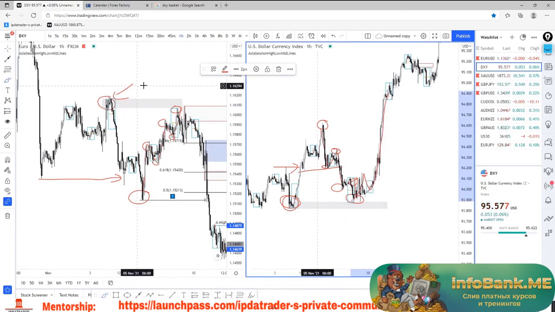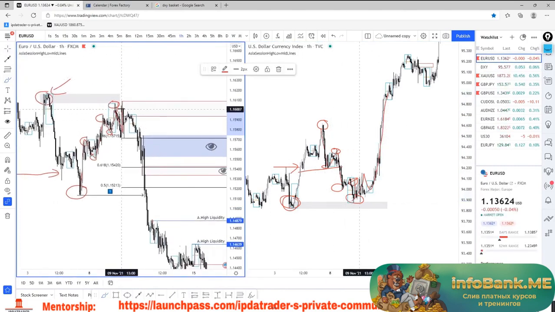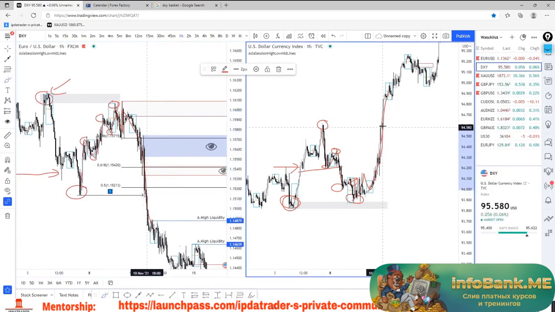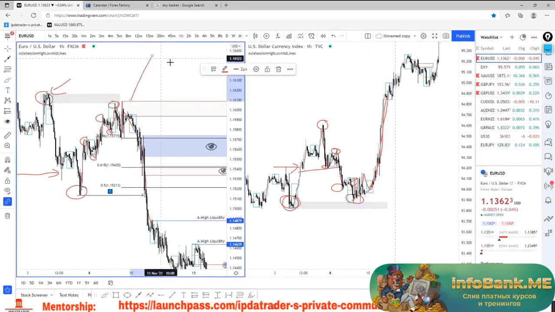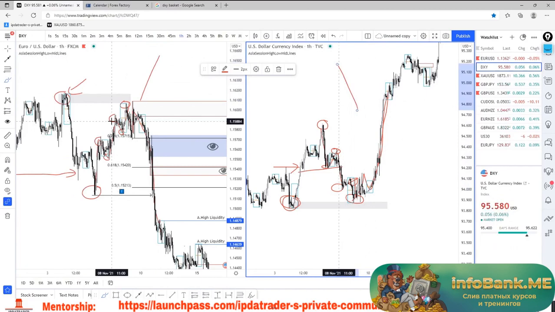We hit the supply and start moving lower, and at the same time the DXY starts moving higher because they are correlated. As a general rule of thumb, if Euro USD is going up, the DXY will be going down.